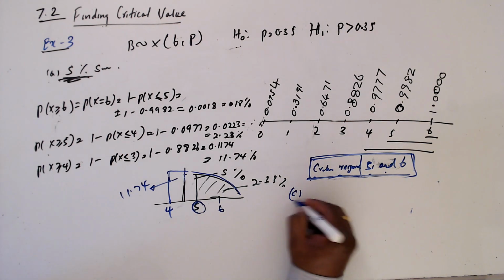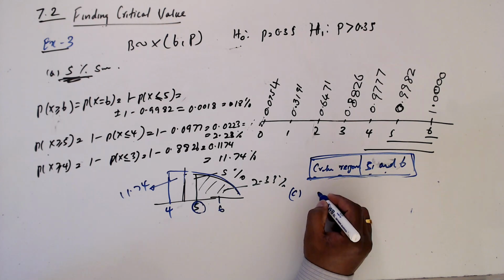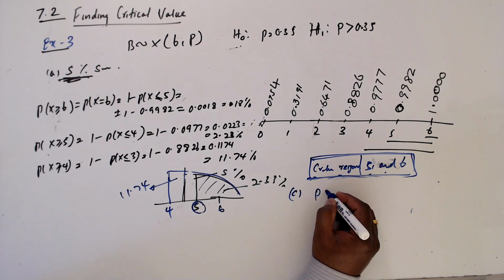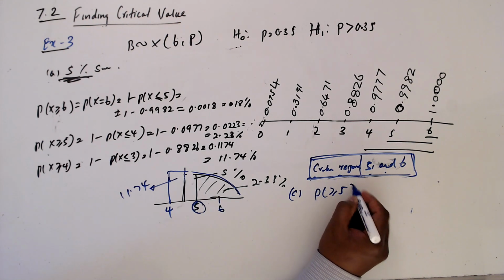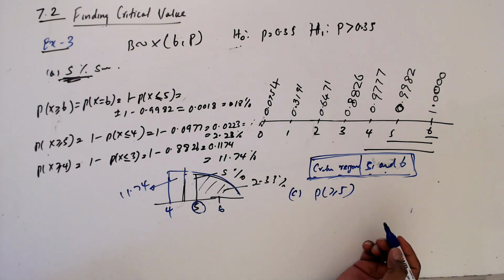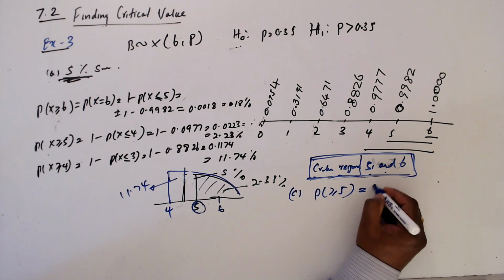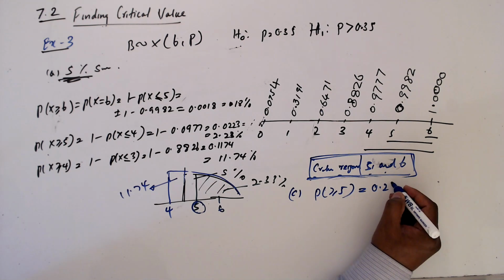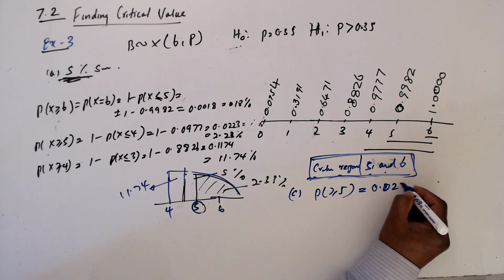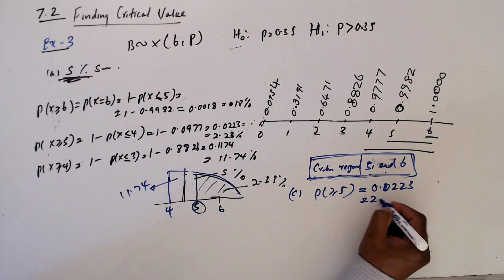So part C is going to be the probability of x greater than or equal to 5, which is 0.0223 or 2.23%.